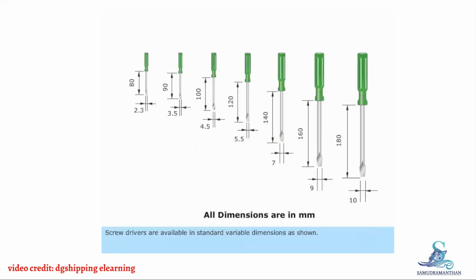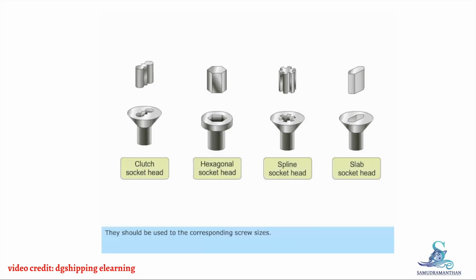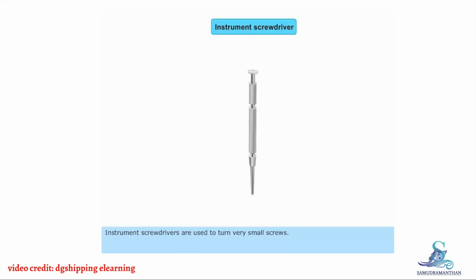Screwdrivers are available in standard variable dimensions as shown. Screwdrivers are also available in different handle and blade shapes. They should be used to the corresponding screw sizes. Instrument screwdrivers are used to turn very small screws.